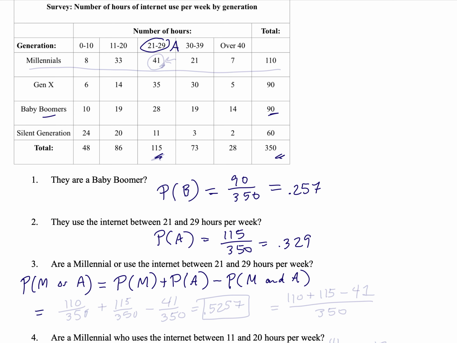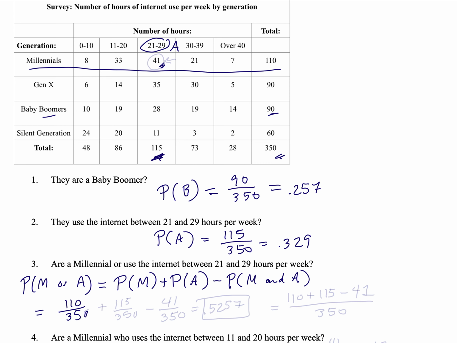And so that would be equal to the probability that they're a millennial. That is the total of millennials, 110 out of 350. So 110 out of 350 is the probability that they are a millennial.